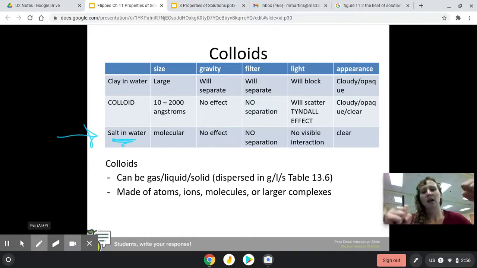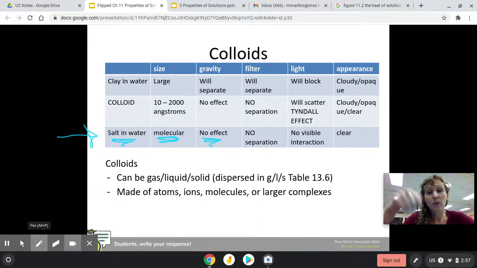When salt gets dissolved into water, it breaks into these little particles that are about the size of molecules. If you let this solution sit for years, gravity will have no effect on it. It'll never pull these particles out of solution. The interaction between the particle and the water is greater than the interaction between the particle and gravity. So gravity can't pull it out.